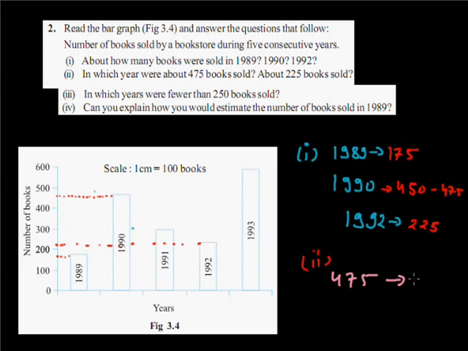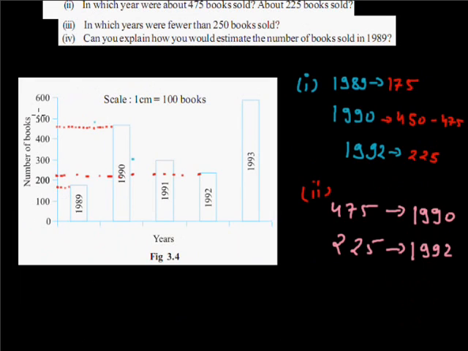Now in the next part, it is being asked in which year 225 books were sold. So 225 books were sold in year 1992, we have just now seen the calculation.